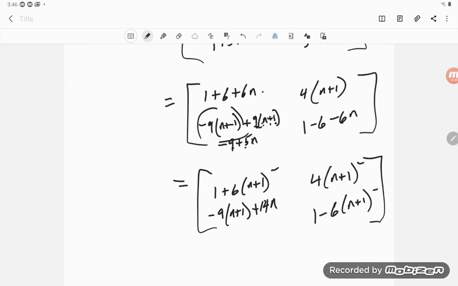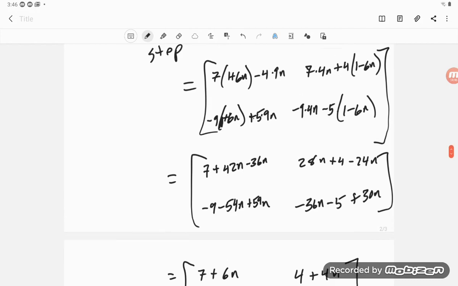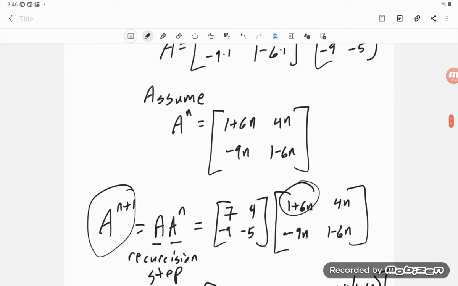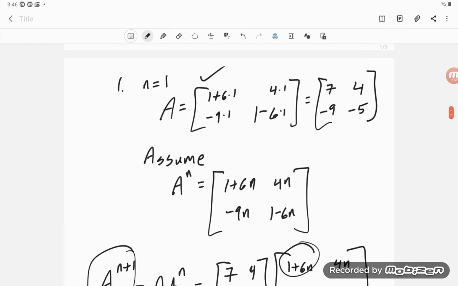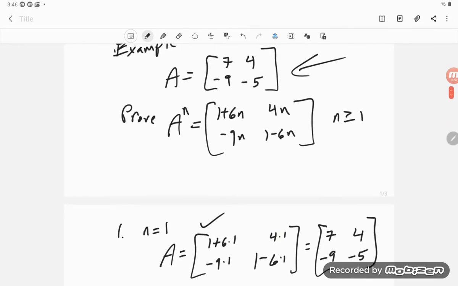Let's look at how they look good, and then I'll go back and try to figure out what went wrong. Okay, so as we look at our formula, we're stating to prove that this is true.